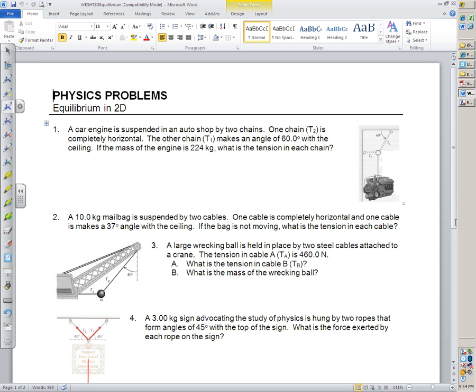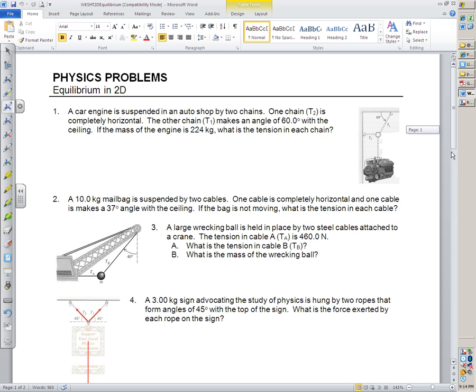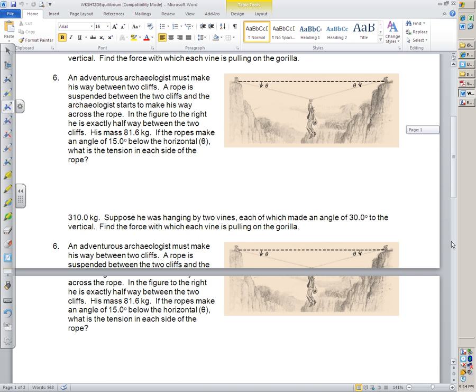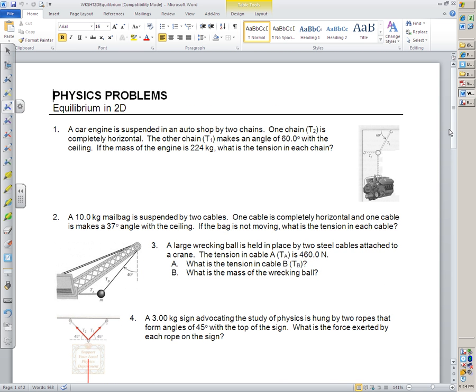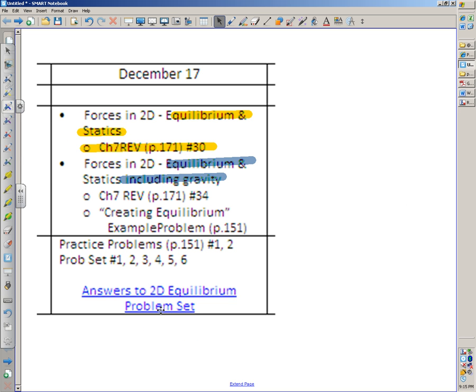There it is. All of the problems on the front side of this problem set all deal with adding in that gravity factor and getting equilibrium using gravity. The answers to that problem set are posted online. Make sure you're working on those.